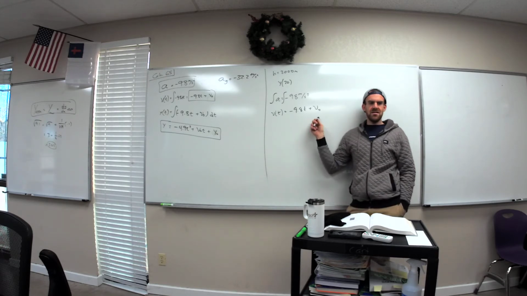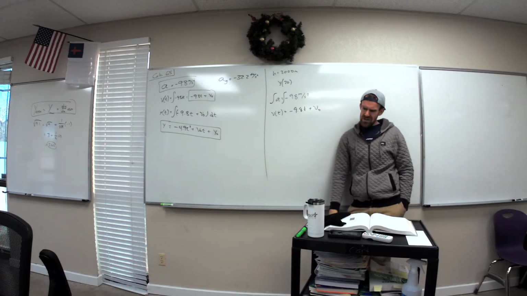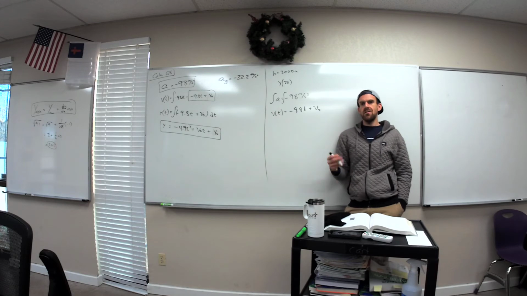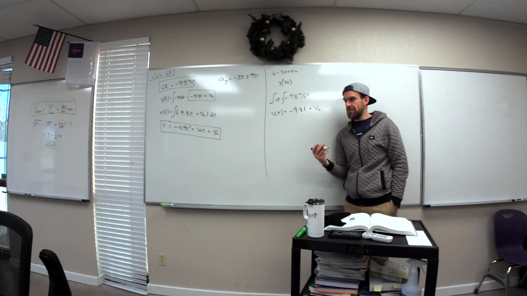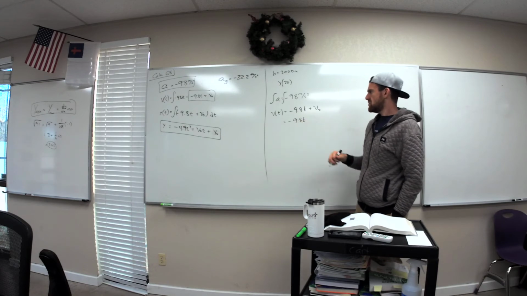If you drop something, what's its speed right there? 0. Unless you push it or you throw it or something, its initial velocity is 0 if it's dropped. So v naught is 0.